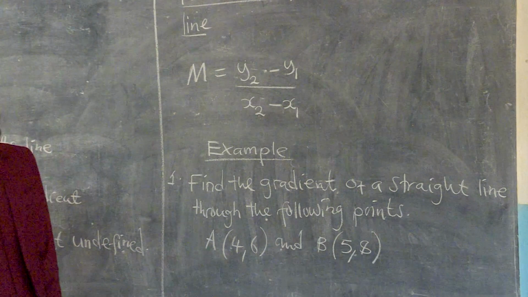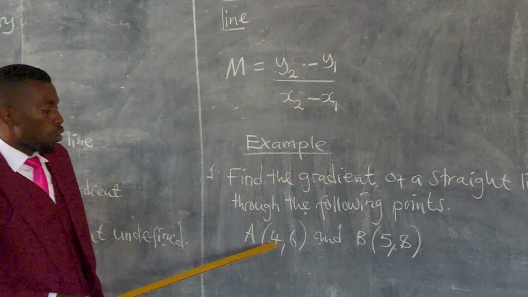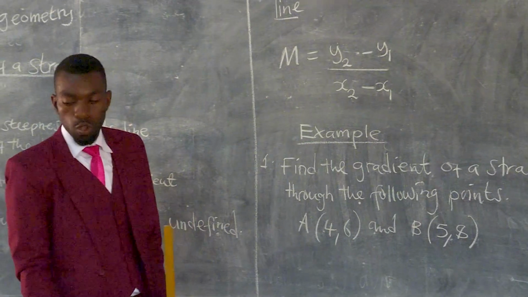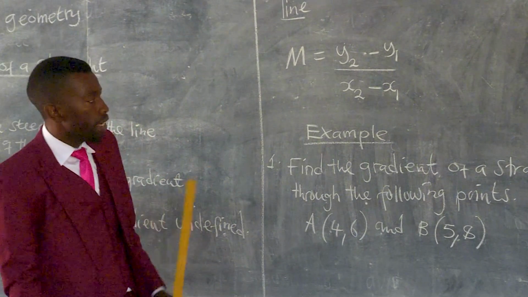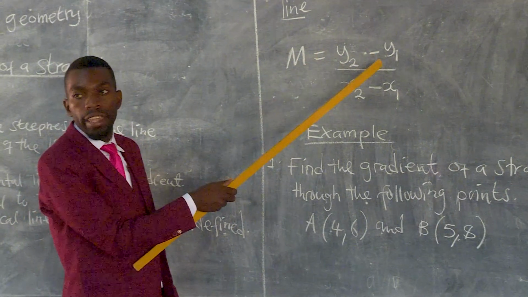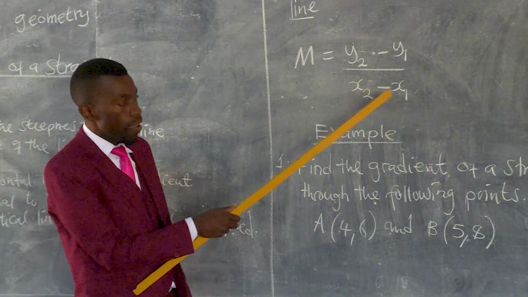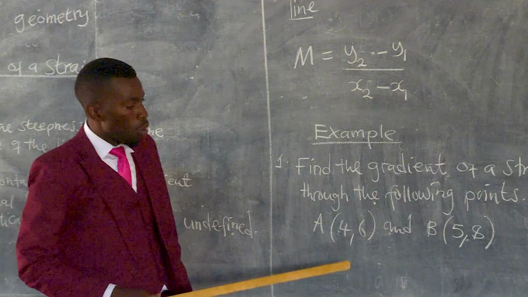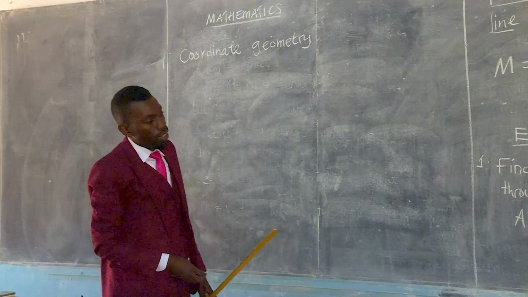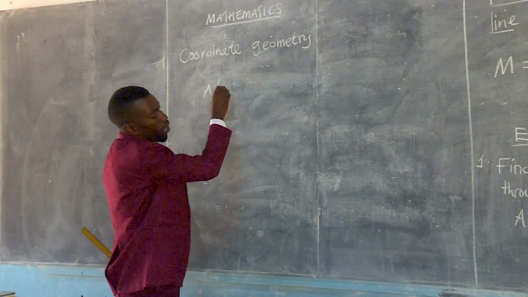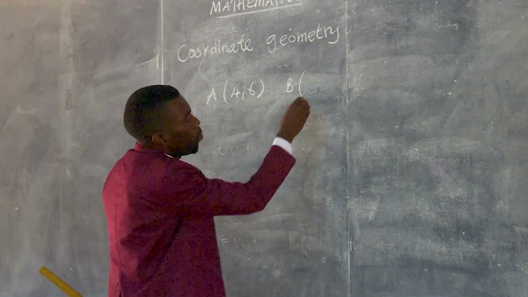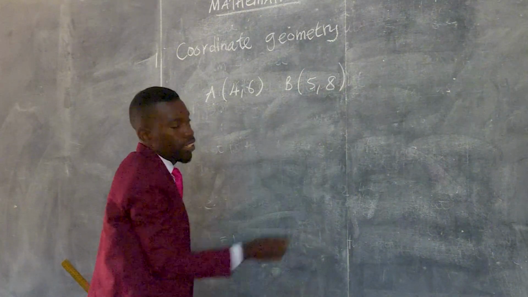So the points given, we have A, which is (4,6), and B (5,8). So we are given the points, then from there now we have to identify. According to our formula, we should have the y2, y1, then x2 and x1. So I'll write the points, A (4,6) and B (5,8).